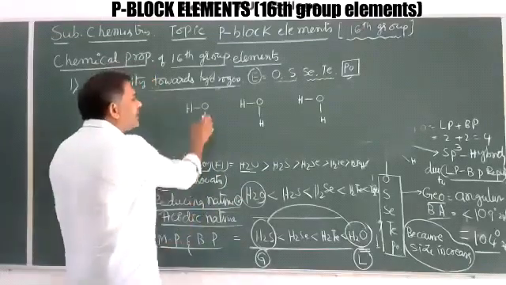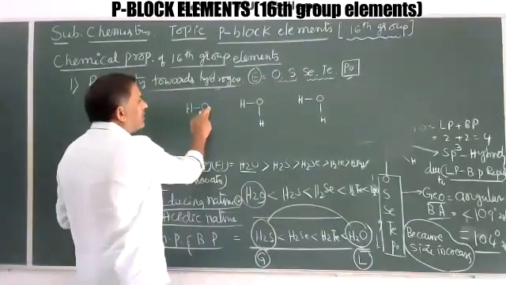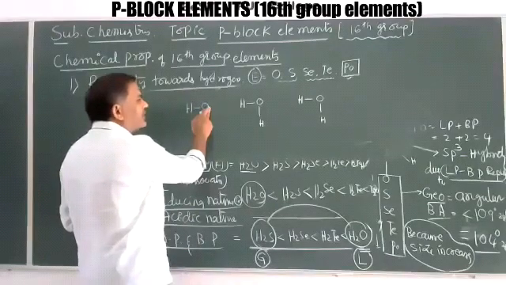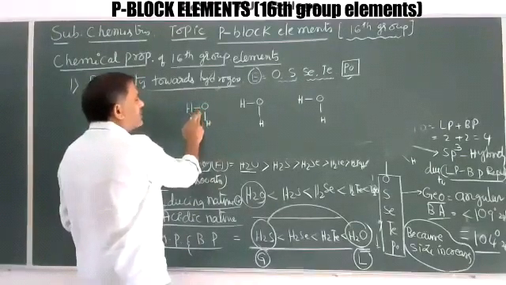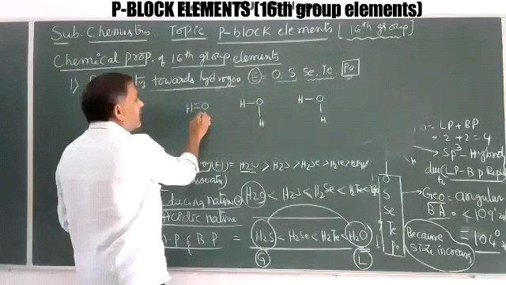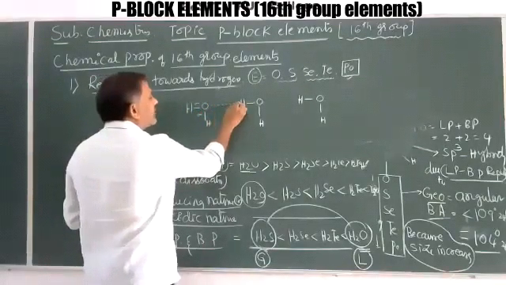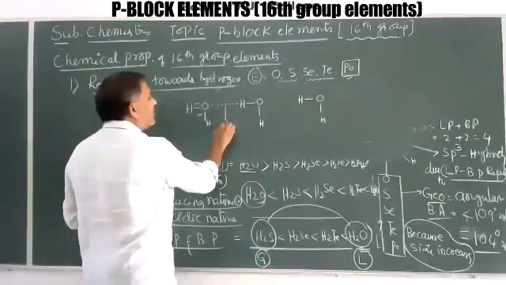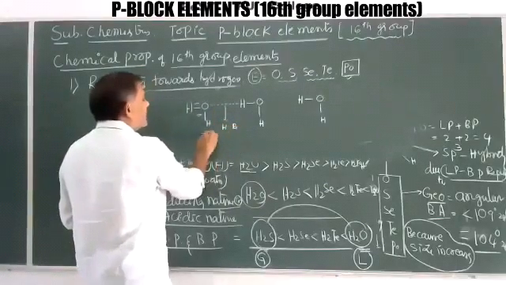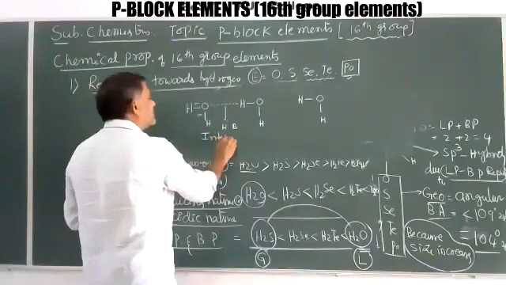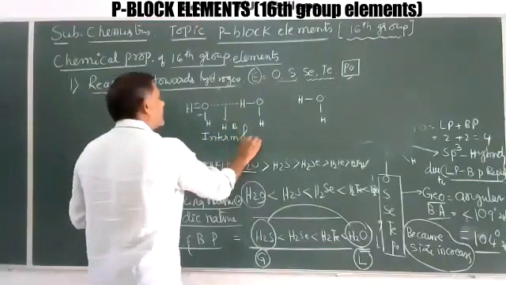In the liquid state, around one oxygen atom, 3 bonds are present. 2 are sigma covalent bonds and one is with a dotted line. This is a hydrogen bond, HB, that is an intermolecular hydrogen bond.